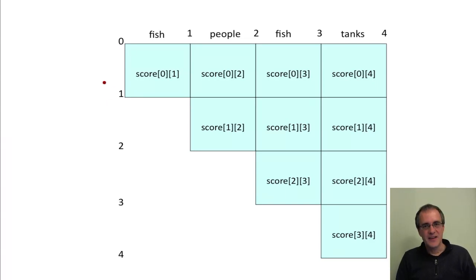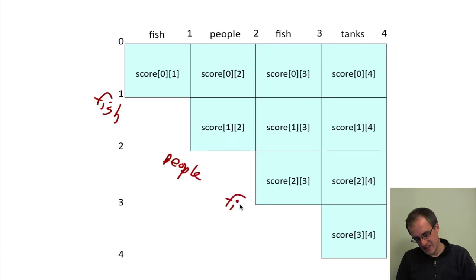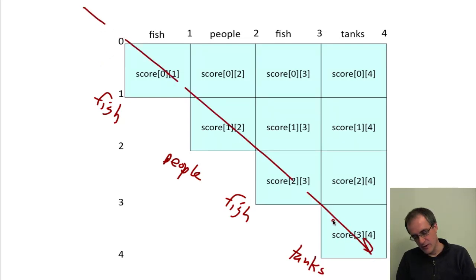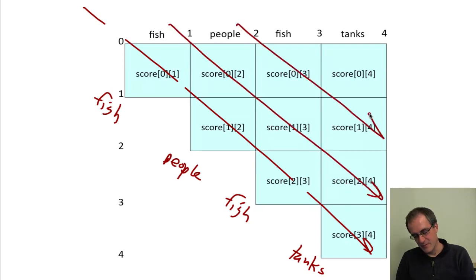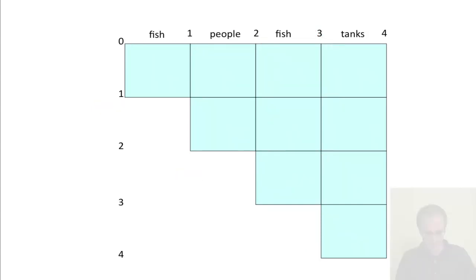So conceptually you should think about it just as we've had it before, that this is fish, people, fish, tanks. And so this is the first diagonal of the single words. This is the second diagonal of the pairs of words, the triples of words, and the four-word constituents.